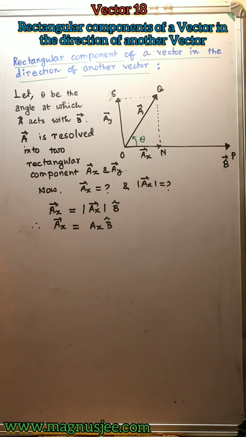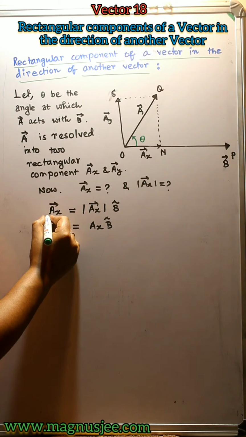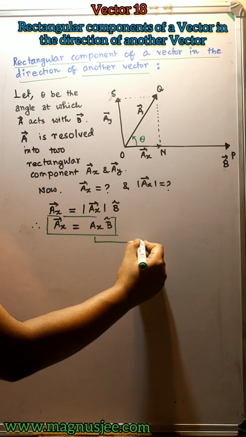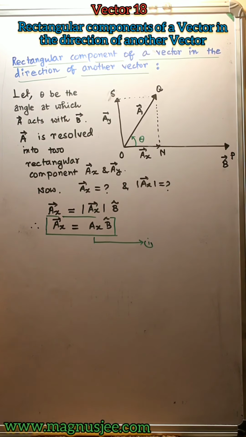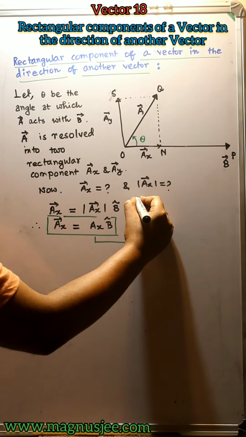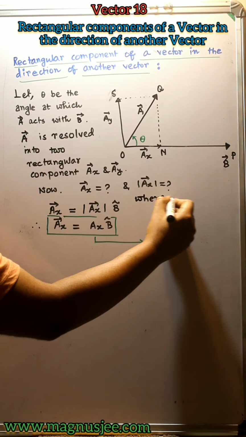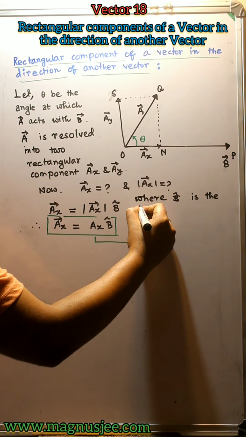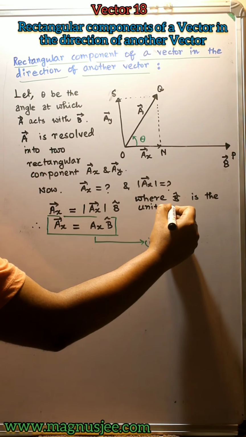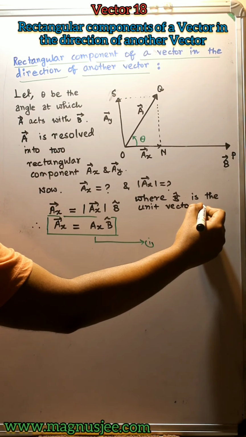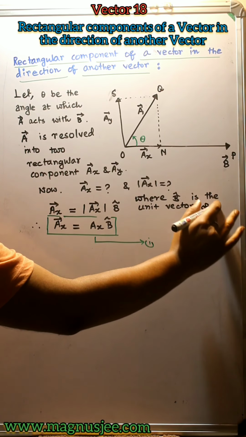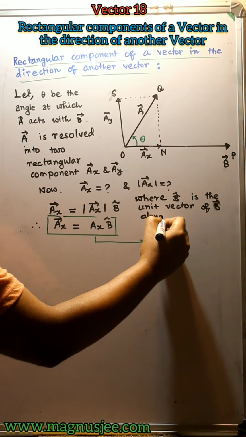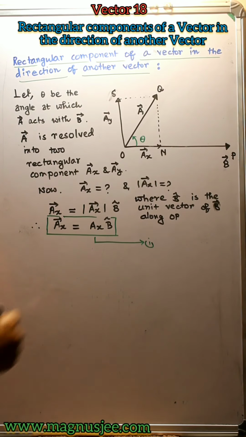We know that a vector equals the magnitude of the vector times the unit vector. So for vector Ax, we use the unit vector of vector B, that is B cap. This is equation 1, where B cap is the unit vector of vector B acting along OP.